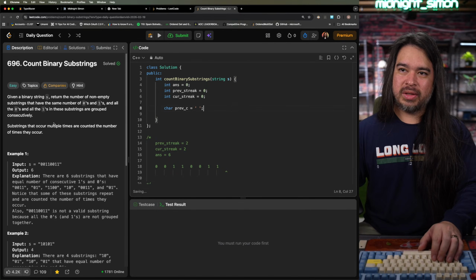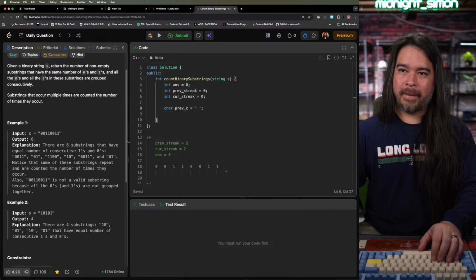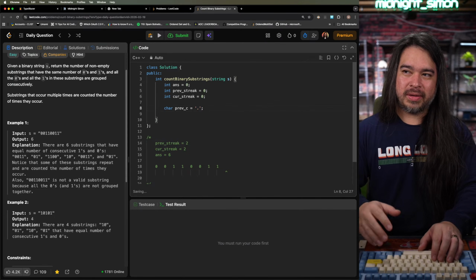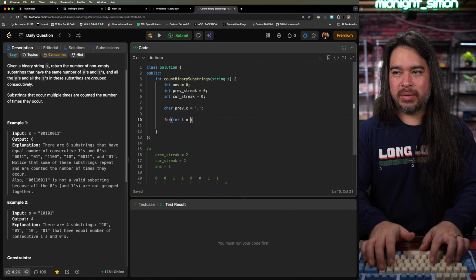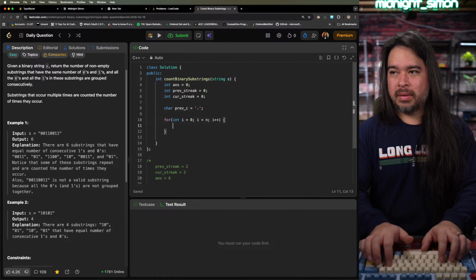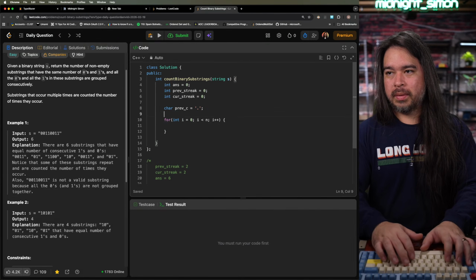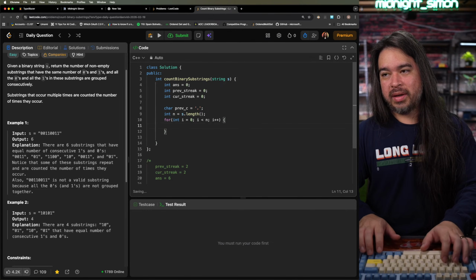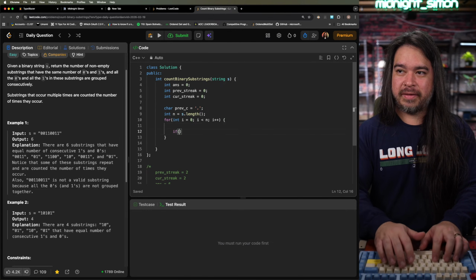What did I say? It's only digits in here, right? So I'll just put an empty, some other character that's not 1 or 0, and then I'll iterate through.